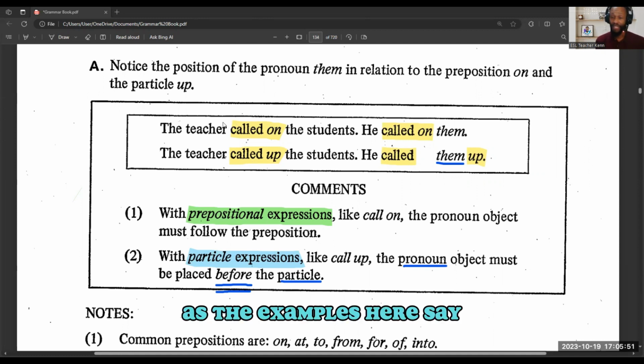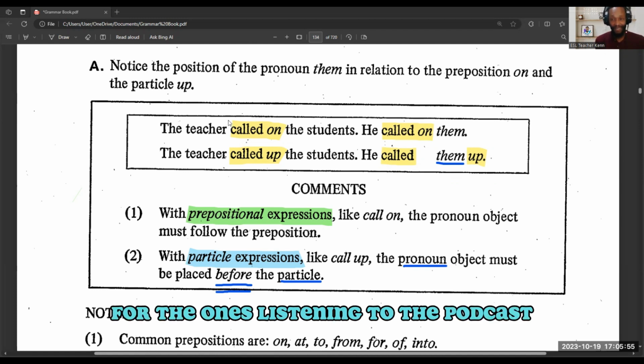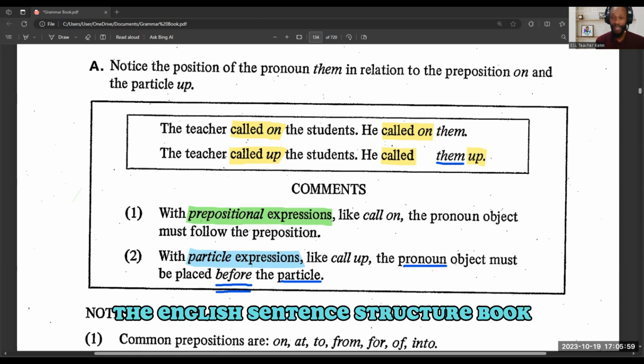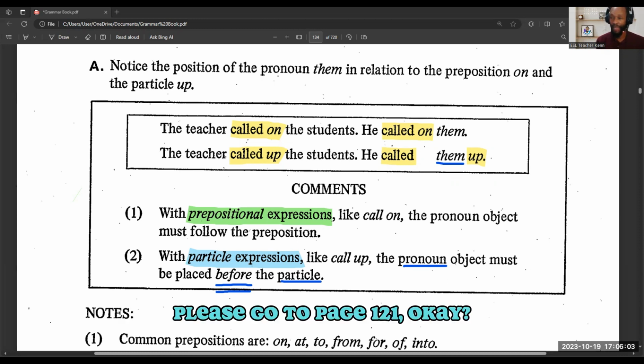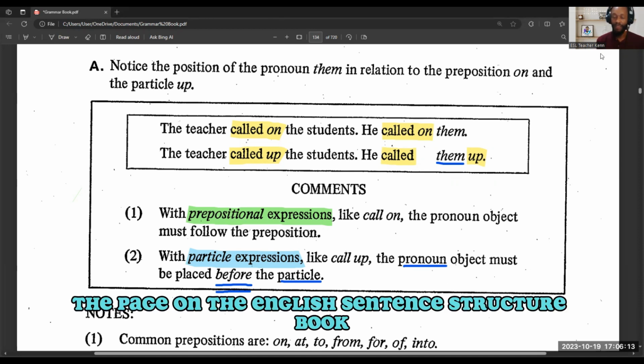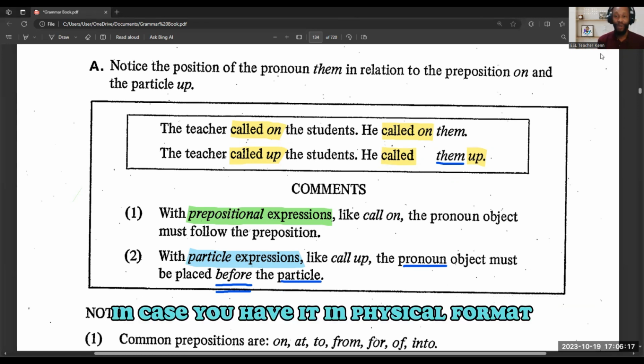As the examples here say, by the way, for the ones listening to the podcast, if you have the physical English sentence structure book, please go to page 121. Page 121 is the page in the book, in case you have it in physical format.